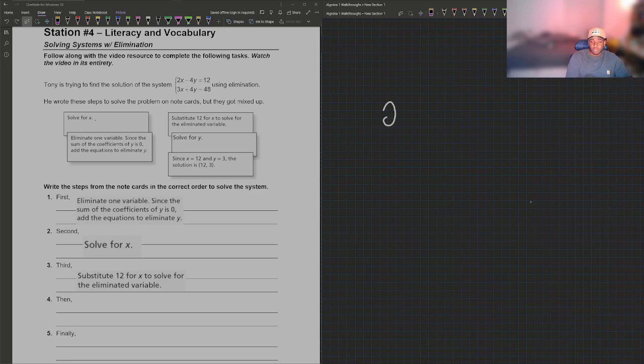Instead of 2x minus 4y equals 12, we can say 2 times 12 minus 4y equals 12. All we did was substitute 12 in for x because that was the value for x that we found.